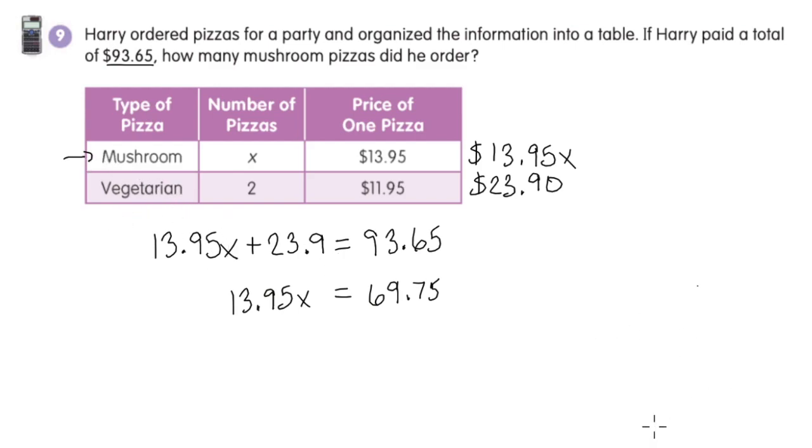And we're going to divide that by the cost per tray, which was $13.95. And when we do that, we get an answer of X equals 5, which means that 5 mushroom pizzas were ordered for the party.